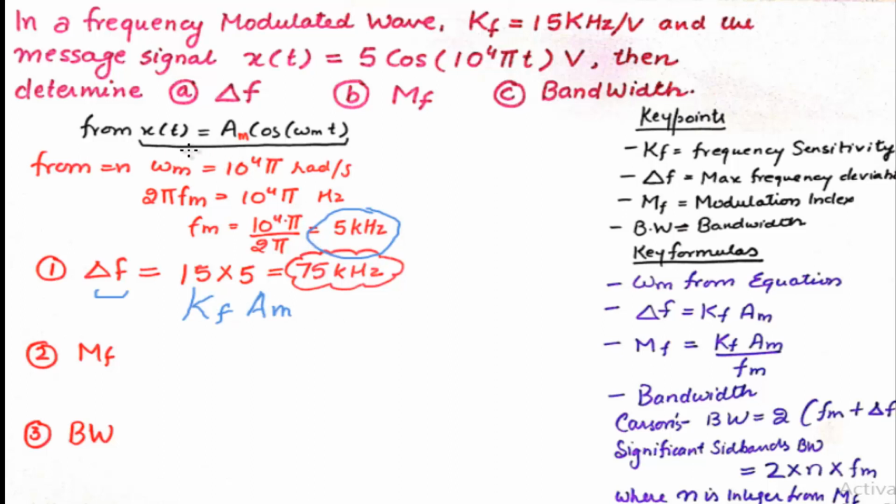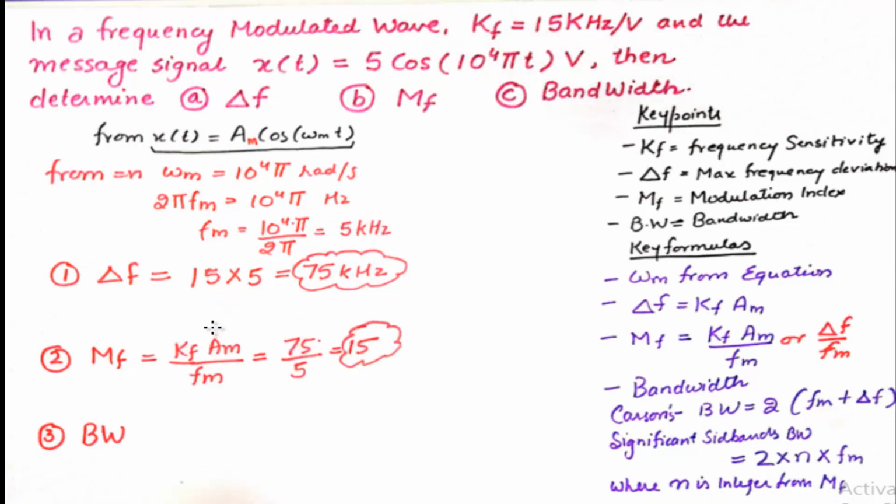Am is 5, by the way, from here. And this Fm will be used in this step where we find the modulation index. Modulation index is delta f, which is 75, calculated right here, divided by 5. Now this 5 is 5 kilohertz, because modulation index is a unitless quantity.